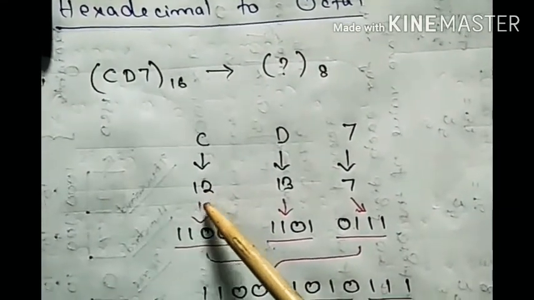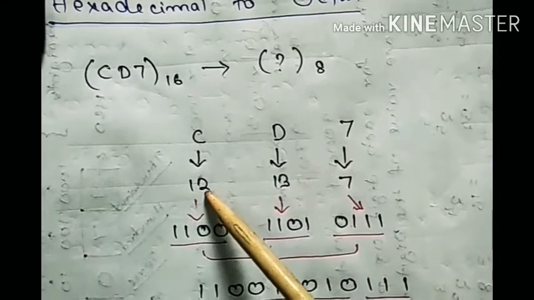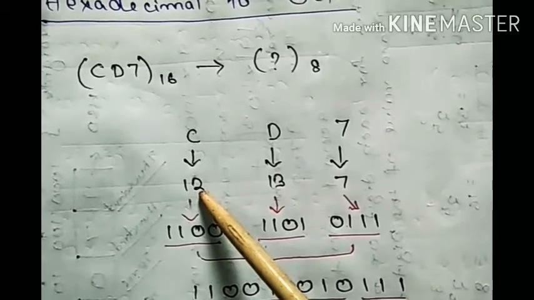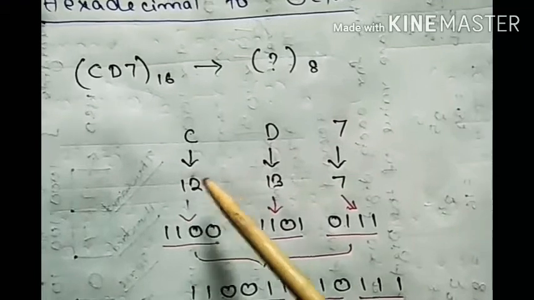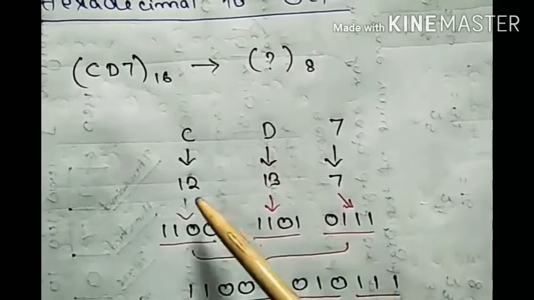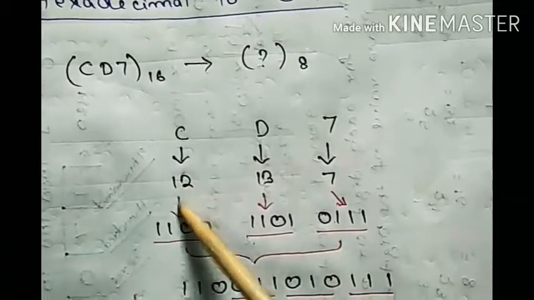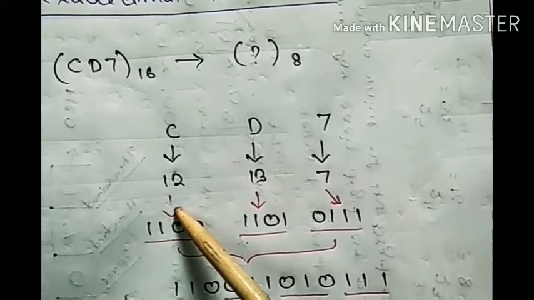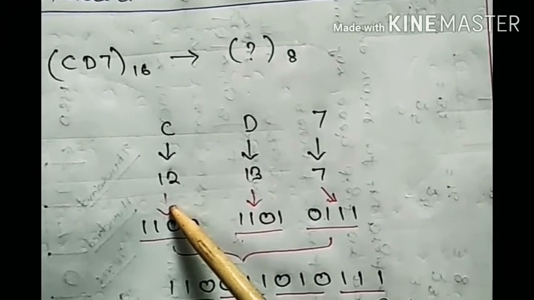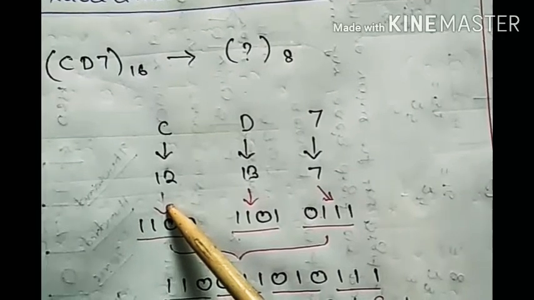Now next what we have to do, we just have to convert each separate number into its respective binary equivalent.